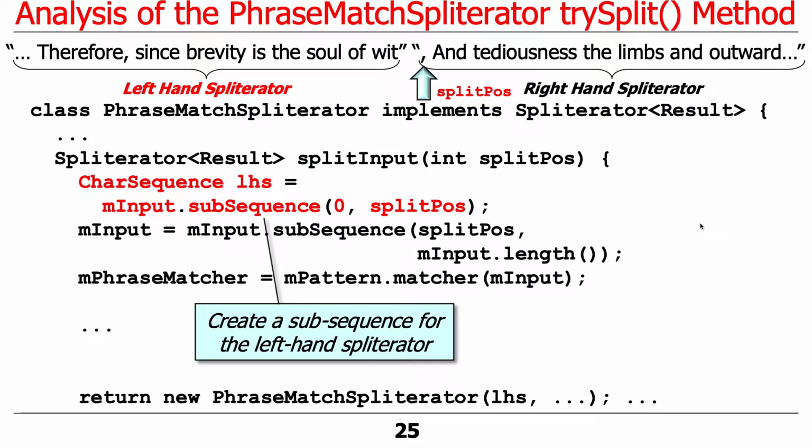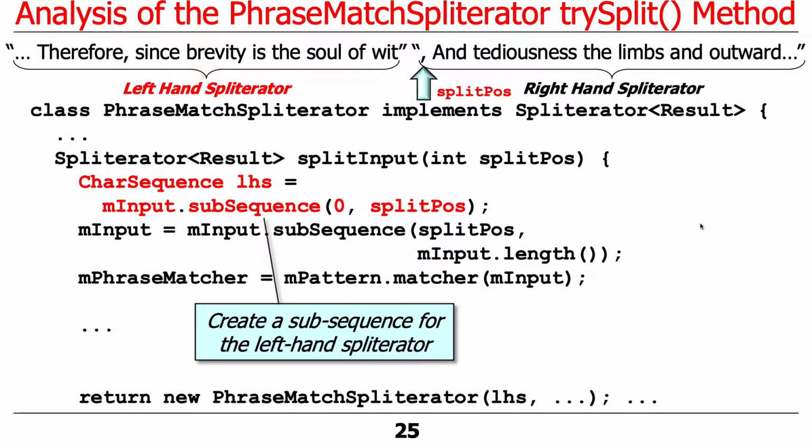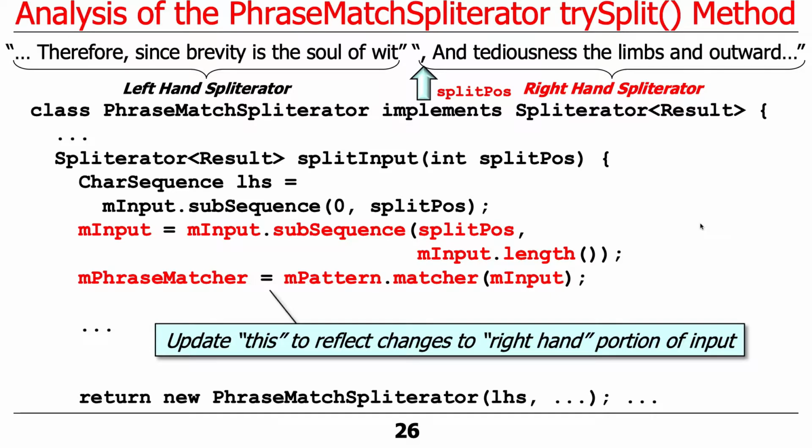Split input, which is really kind of a factory method, takes the split position and creates a subsequence from 0 to the split position, and that's going to become the left-hand splitterator, LHS. It's going to cover that part of the input. Then we start from the split position to the end of the input, and we update ourselves. Remember, the right-hand splitterator is always the original object updated. We're going to create a new splitterator for the left-hand side, and then modify the splitterator for the right-hand side.